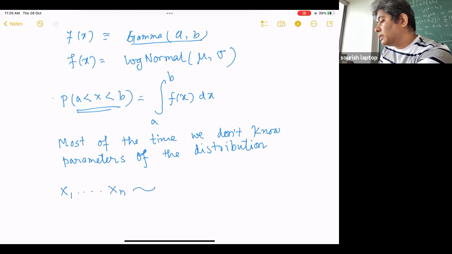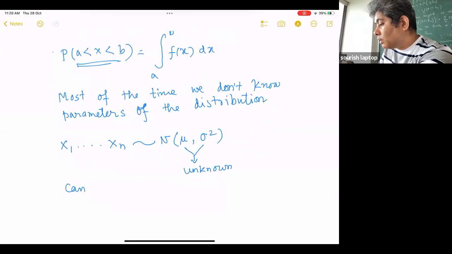I assume they are coming from a normal distribution with some population mean mu and some population variance sigma square. I don't know the values of mu and sigma square.